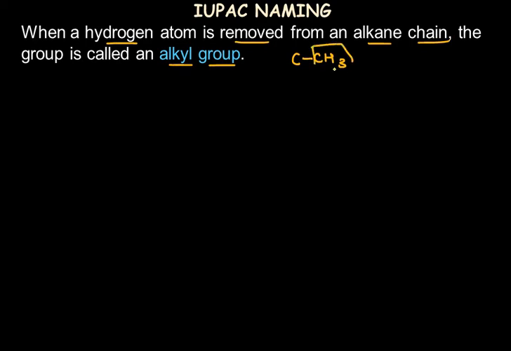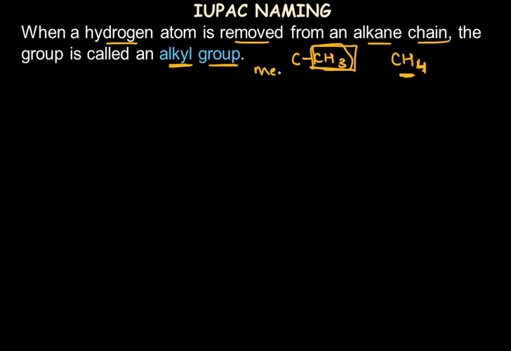So here one hydrogen is less compared to its alkane, that is methane. One hydrogen is less, so we can't call that methane, but we call this group a methyl group when it is present as a substituent in one of the organic compounds. So such groups where one hydrogen atom is less and is present as a substituent group, we call that an alkyl group.